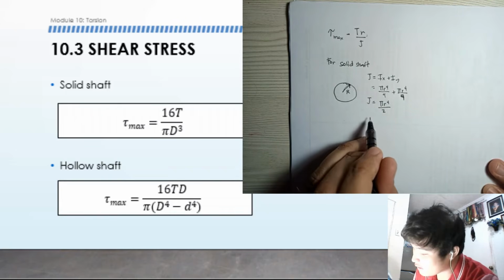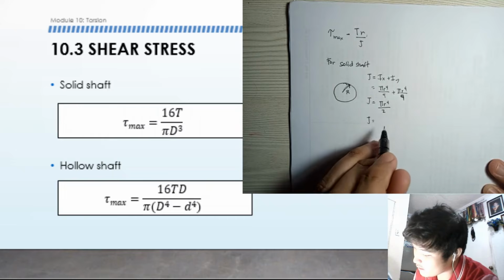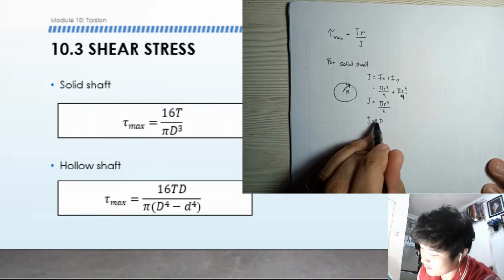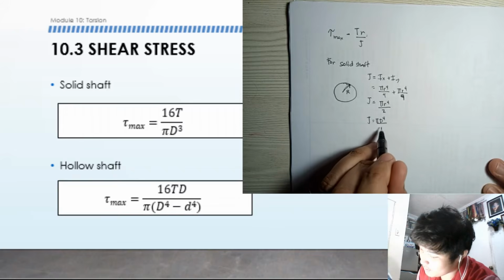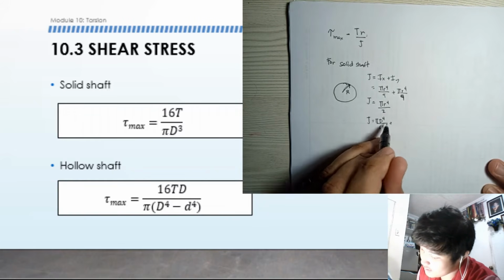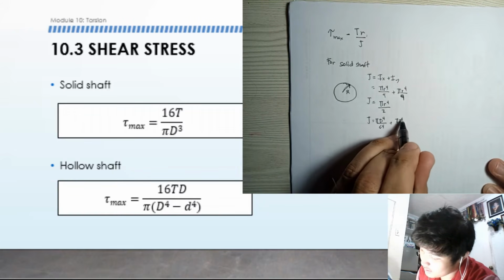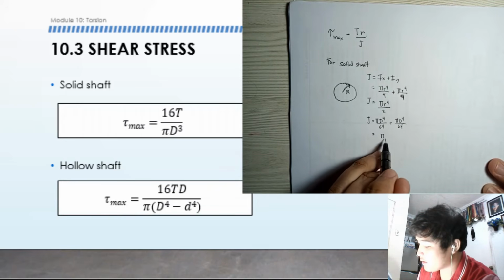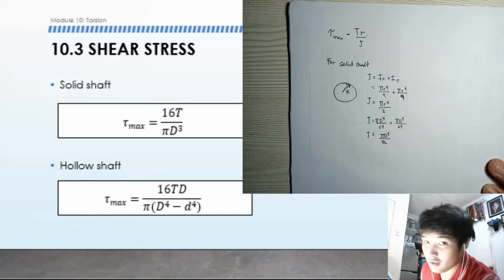Or sabi ko nga class, kung gusto mong diameter gagamitin, so that is ano naman, pi d raised to 4 over 64 plus pi d raised to 4 over 64. So, magiging ano naman siya, pi d raised to 4 over 32. Okay?